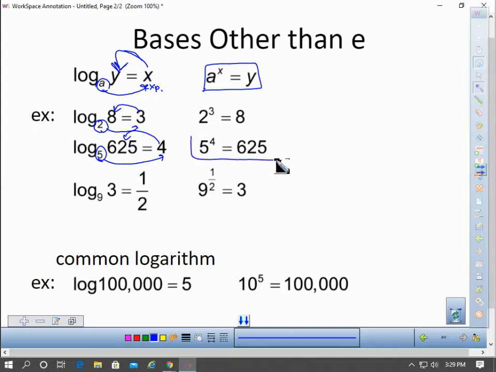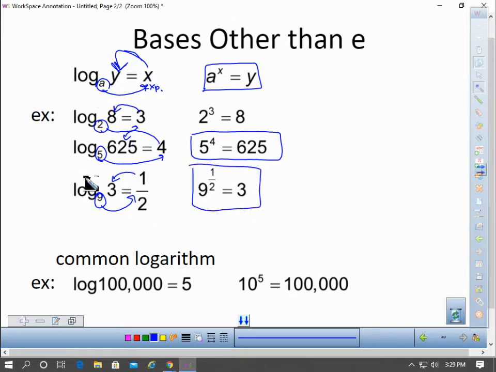So I'm just converting them over here. So 5 raised to the 4th power equals 625. So you get this exponential function. Same thing, you can do fractions and things. So this is the log of 3 in base 9. The answer is a half, because if you raise 9 to the 1/2 power, which means square root, you're going to get the answer 3. So 9 to the 1/2 equals 3.